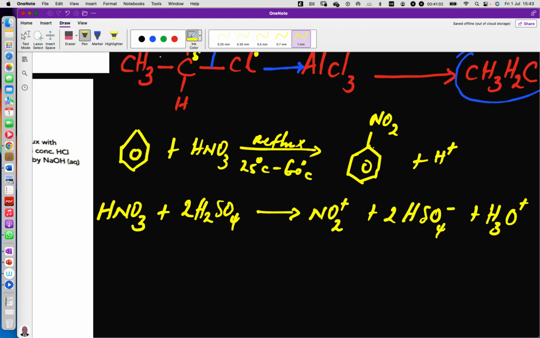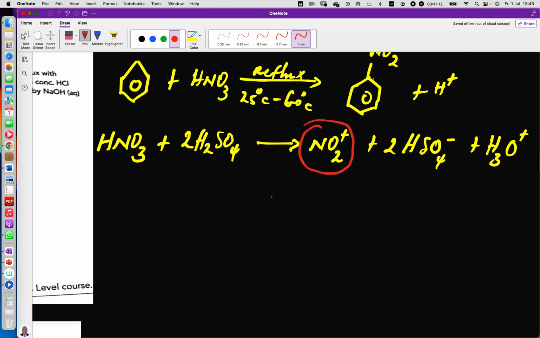This is our electrophile. This is our electrophile that is being generated. That, as I told you, see what is happening.